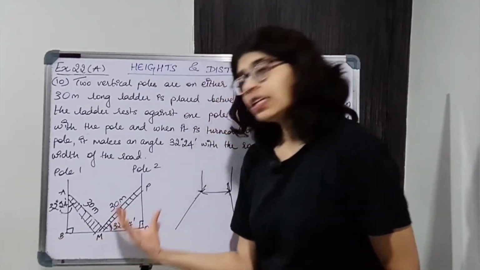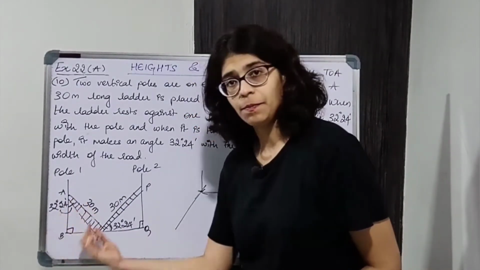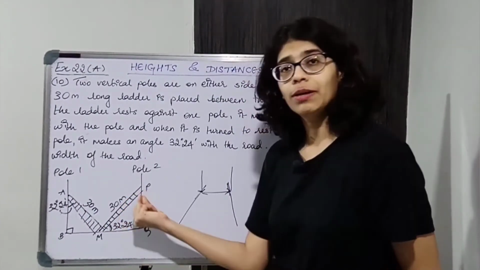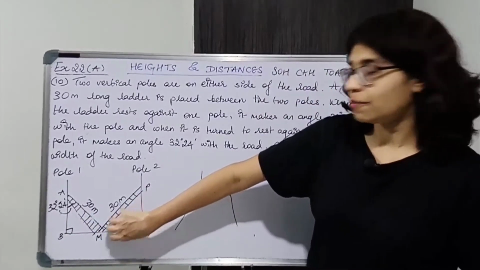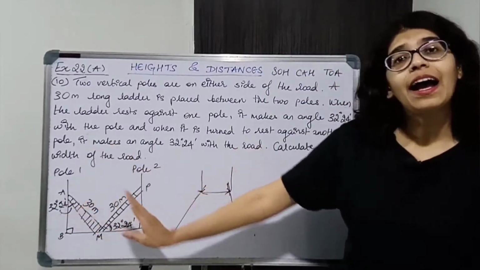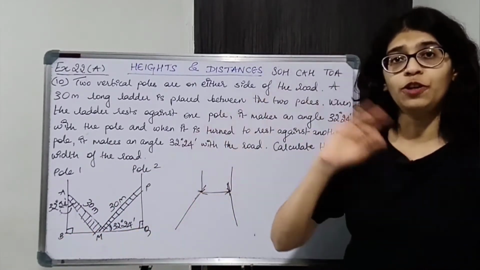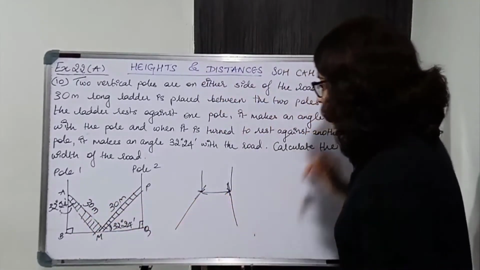BM plus MQ will give you BQ. BM I can find from triangle ABM, and MQ I can find from triangle PQM. Find BM from one triangle, MQ from the other, add both values and you will get BQ, the width of the road. For BM, we'll consider triangle ABM.